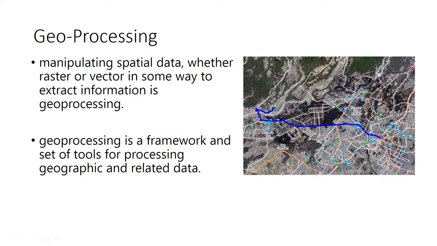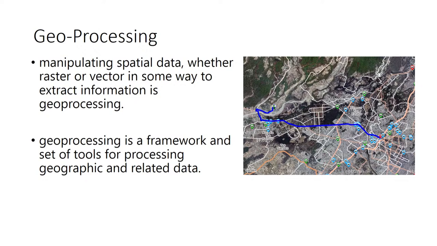Like here you can see an example. This is taken from Bhuvan. Like you are standing in some place and you want to see which all Aadhaar centers are in your vicinity, and you just want to find a route to the nearest Aadhaar center. So that is also a kind of geoprocessing.